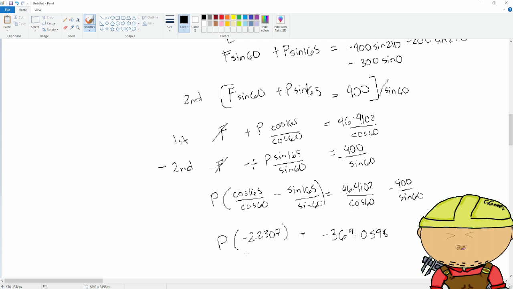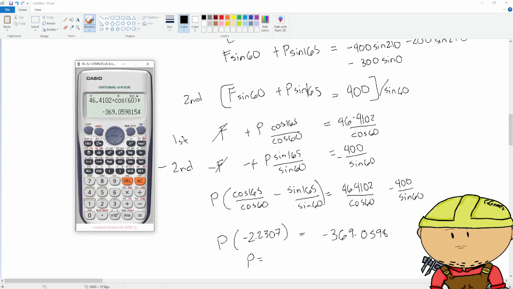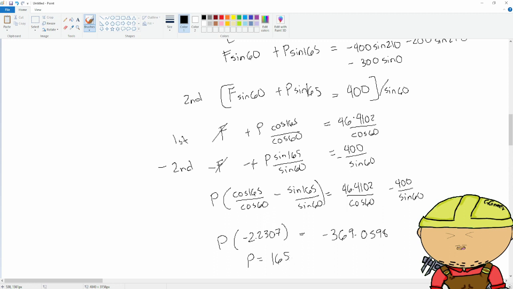Divide that by negative 2.2307, that's going to be 165.4457 pounds. Okay? That is letter P.